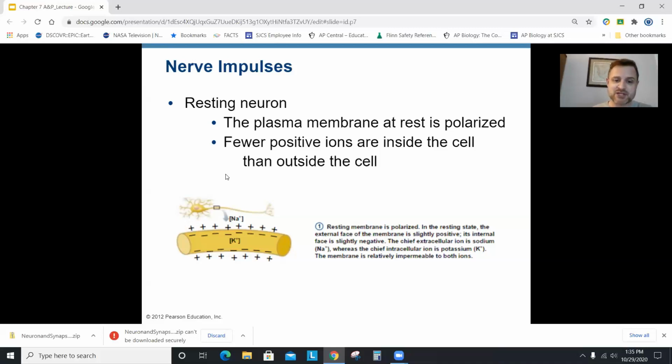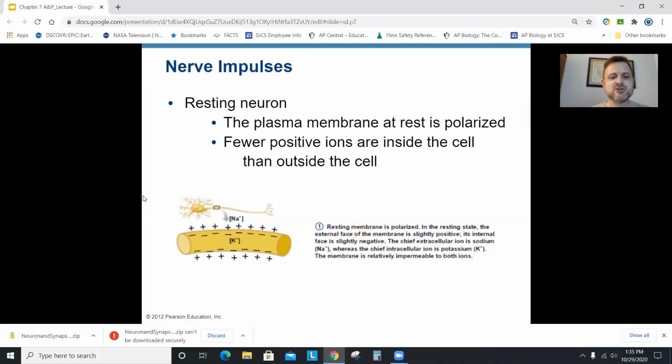If you look at this picture, this is the neuron, this is the inside, this is the outside. This neuron is called polarized because the inside compared to the outside is negatively charged. Look at the diagram closely: I have two ions. I have sodium ions, which are positively charged, on the outside. And on the inside, I have potassium ions, which are also positively charged.